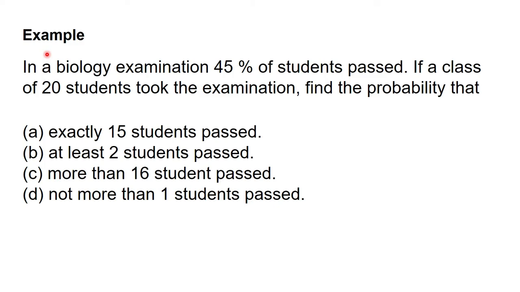Okay, now continue with the next example. In a biology exam, 45% of the students pass. If a class of 20 students took the exam, find the probability that A, exactly 15 students pass, B, at least 2 students pass, C, more than 16 students pass, and D, not more than 1 student pass.